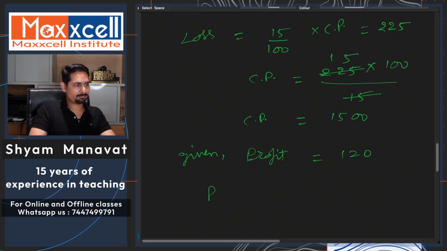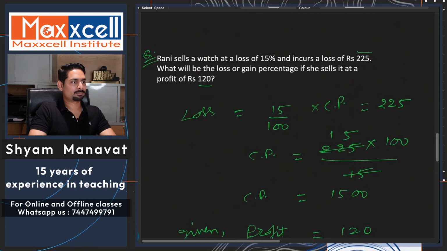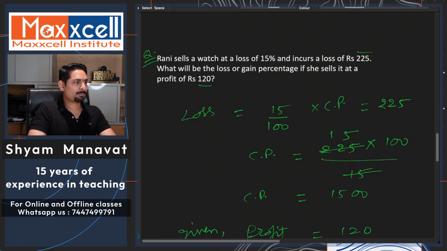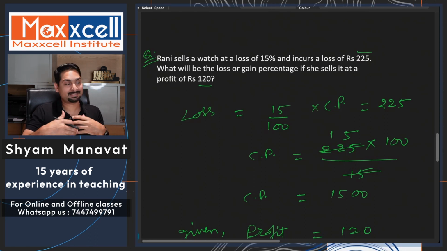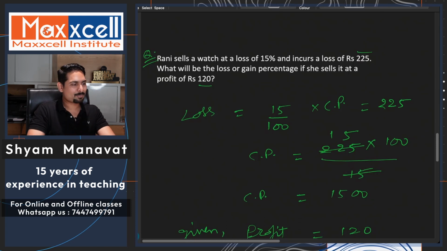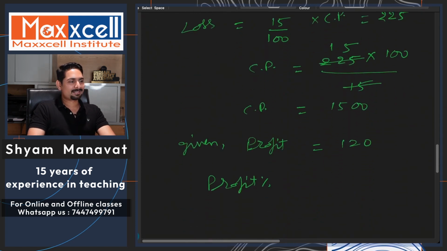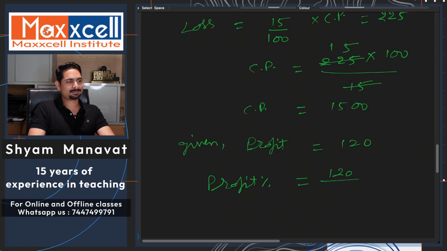Of course, there is a profit percent. You don't need to think. You don't have to say what will be loss or gain percentage if she sells it at a profit of 120. Of course, if she's selling at profit, there is a profit. Why do we have to mention loss or gain percent? So profit percent is what? Profit upon cost price.